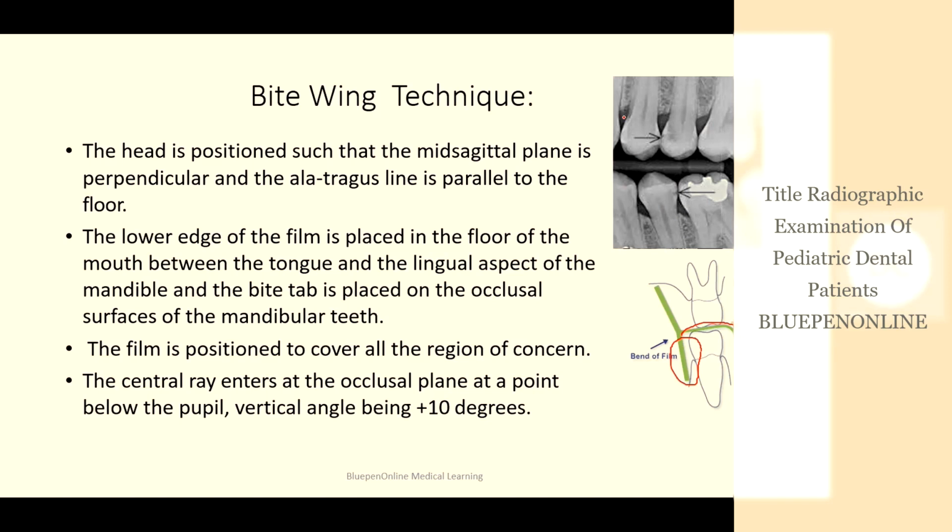So this is one of the bitewing radiographs where it covers almost both upper and lower teeth. And the central ray enters at the occlusal plane at a point below the pupil, the vertical angle being plus 10 degrees. So this is how we keep the PID. Vertical angulation is set to plus 10 degree.